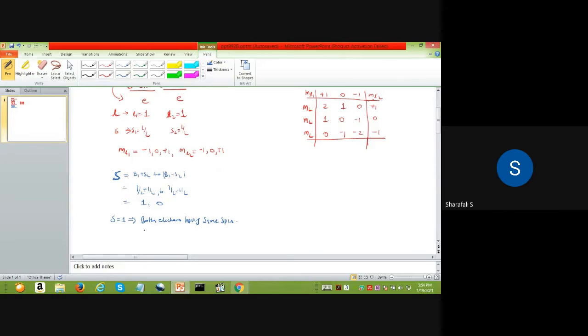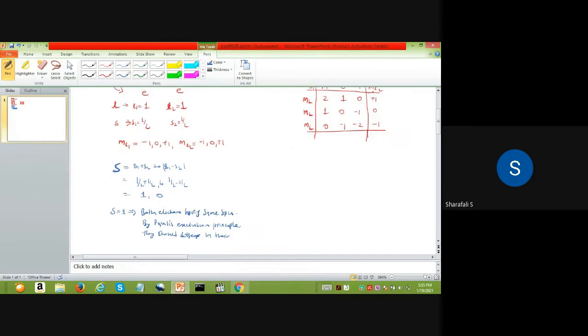By Pauli's exclusion principle, they should differ in their ML values, because they have the same L value, same spin, and same N. No two electrons should have all of these numbers equal.